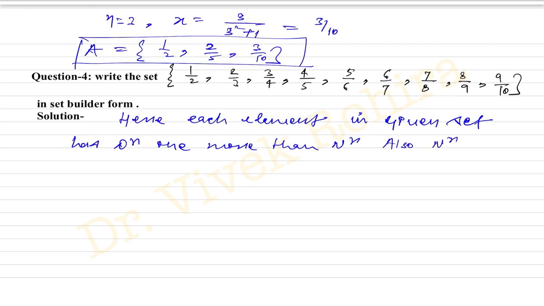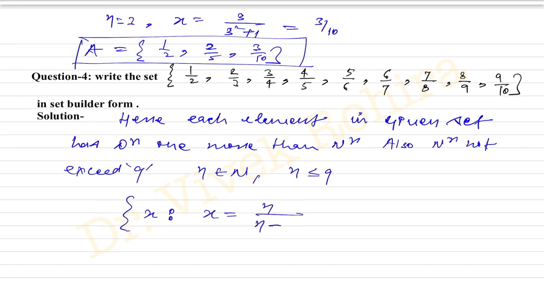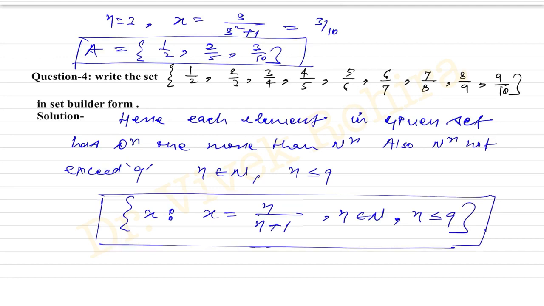Also the numerator does not exceed 9, that is, n belongs to N and n is less than or equal to 9. So this set X can be written as X = {x : x = n upon n plus 1, that is, the denominator is 1 more than the numerator, n belongs to N, where n is less than or equal to 9}. So by the property we show the roster form of this set in the set builder format.